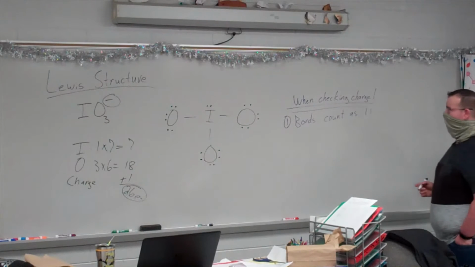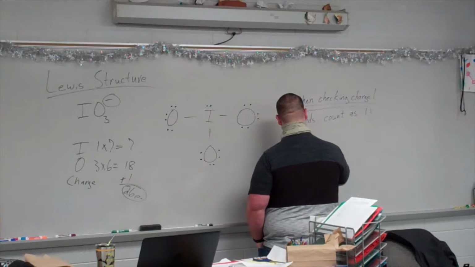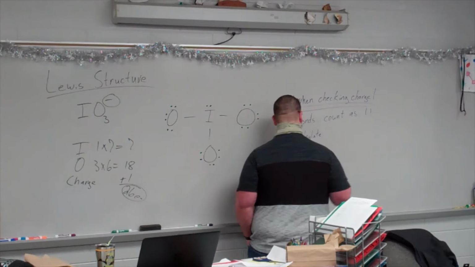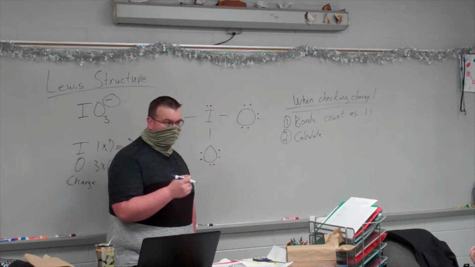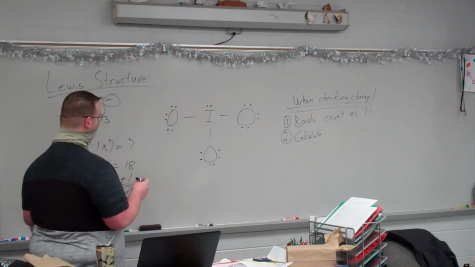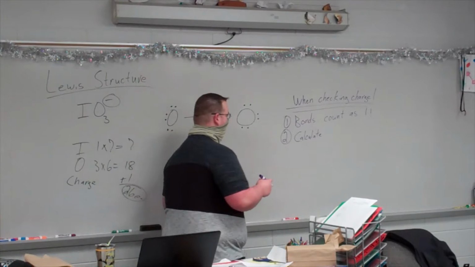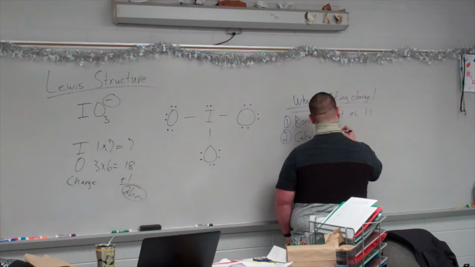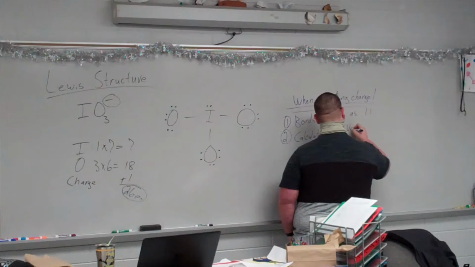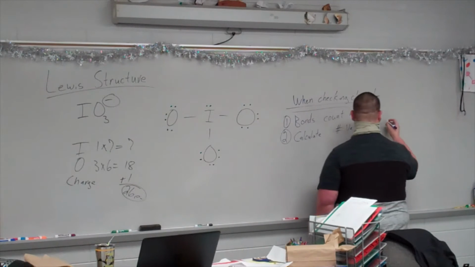Second, when you're calculating charge, here's how you're going to calculate it. The top number is the number of valence electrons from the periodic table.